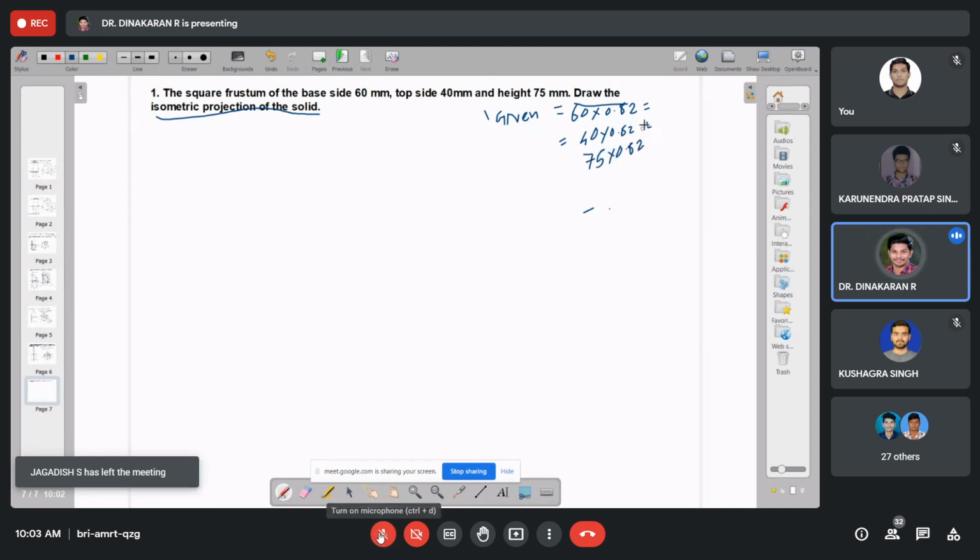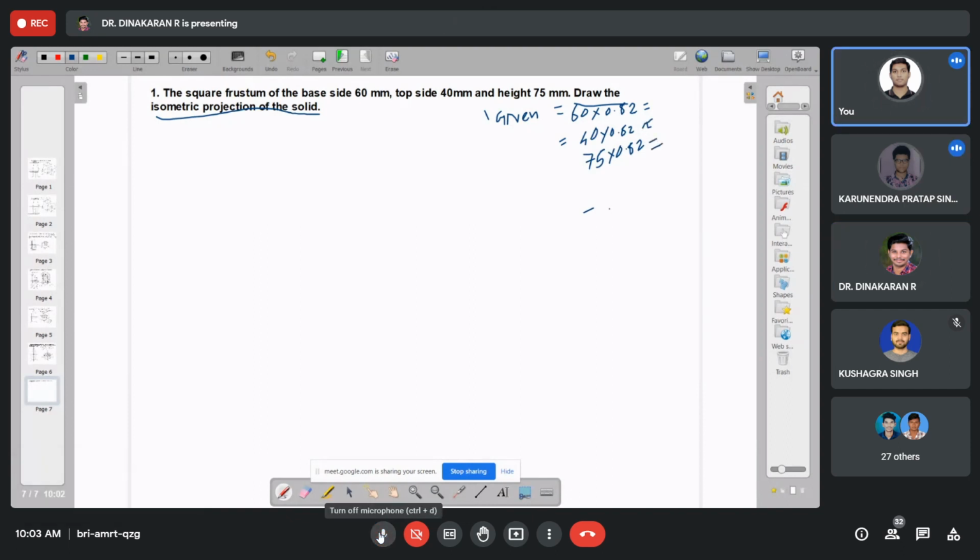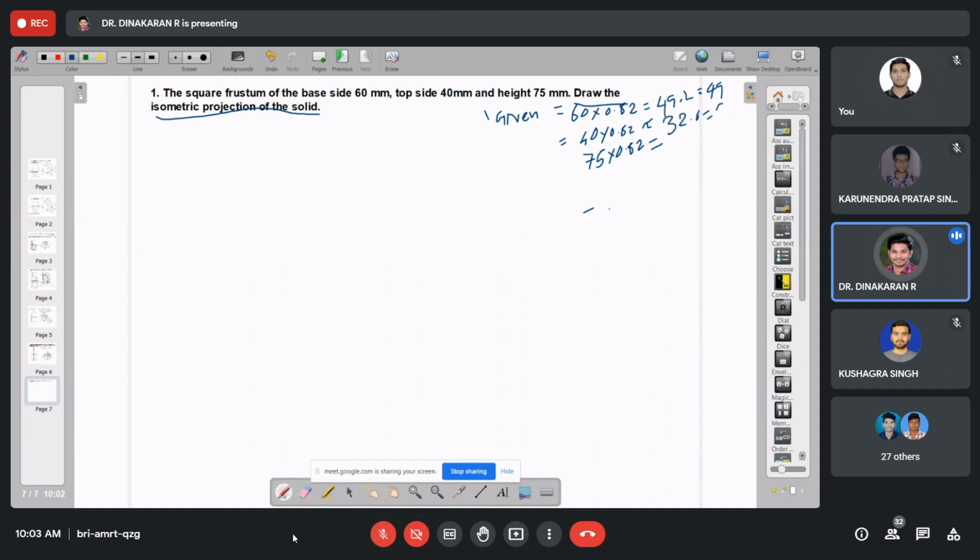What does the calculator say? About 49, so we take 49. Another one, 40 into 0.82 is 32.8, so we take 33. 75 into 0.82 is 61.5, so we take 62.